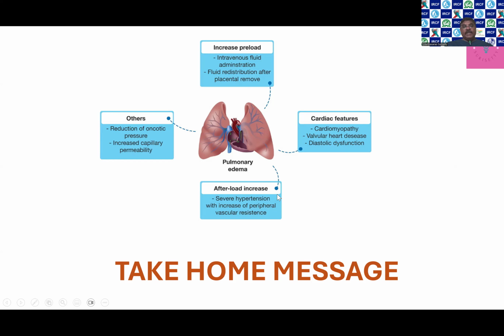Third, increased afterload, that is severe hypertension, which increases peripheral vascular resistance. So you have to decrease the blood pressure, to decrease the peripheral vascular resistance and the pulmonary hydrostatic pressures. Fourth, we have to take care of conditions like reduction of oncotic pressure and increasing capillary pressure. These are all the 4 important conditions.